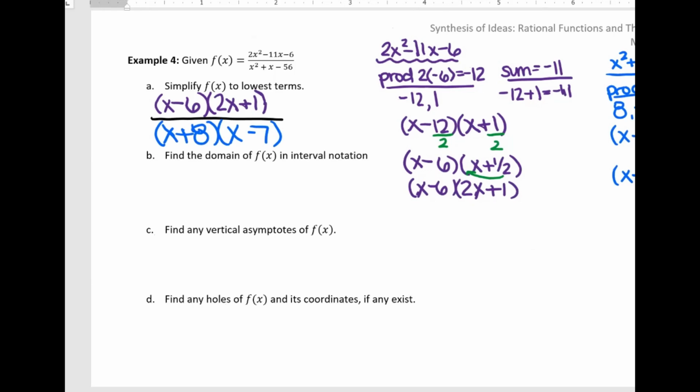We're going to take that denominator. We're going to set it equal to 0.